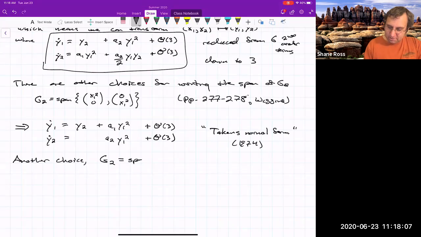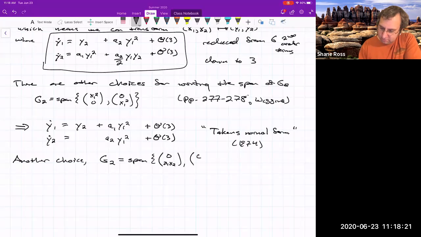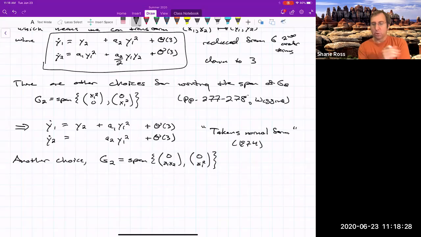which is to write the span of G2. So this one, well, I'll write this other one first. This is x1, x2, and then 0, x1 squared. So these are interesting. It's kind of like, where do you want to put the nonlinearity? Where do you want to put the second order terms? Here, we've got second order terms in each of the directions, but it's the same term.